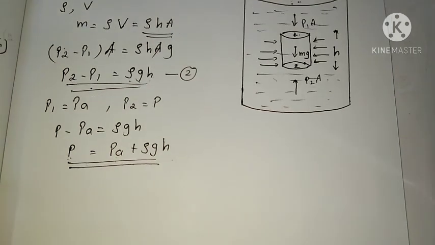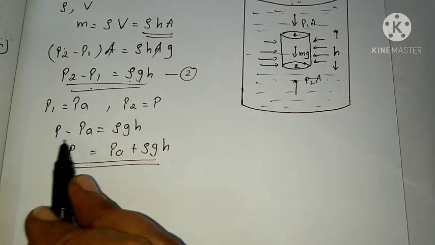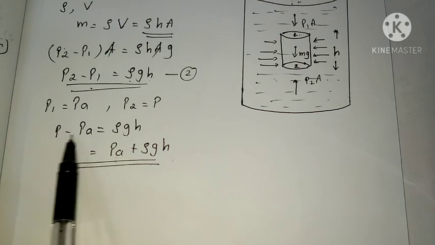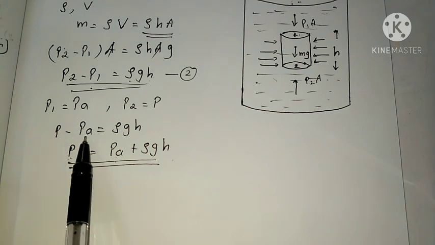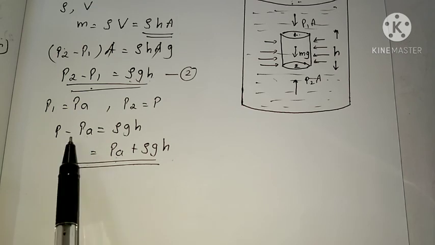Then P minus PA equal to rho GH. So this P minus PA is known as the excess pressure. The excess pressure at a depth, P minus PA, is known as the gauge pressure at the point. So what is this P minus PA?